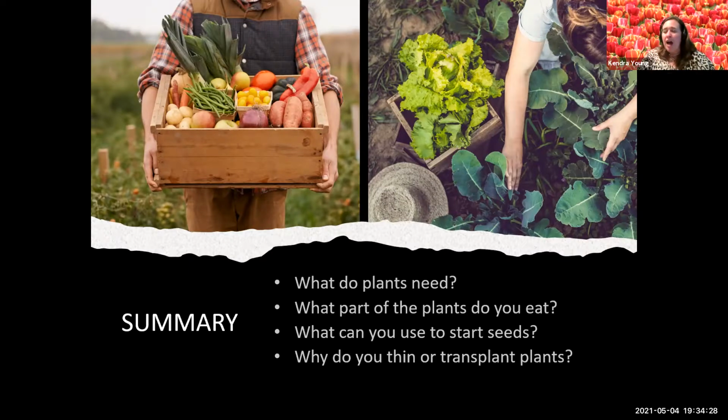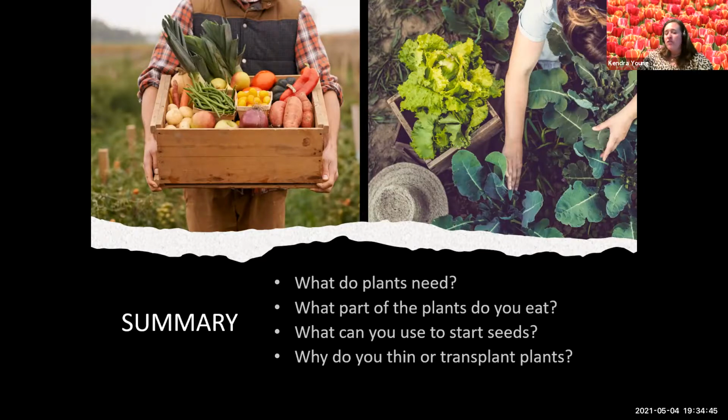You can make your own pot with newspaper. You can use a plastic bottle, an old egg carton, a toilet paper roll, or a little plastic cup or a paper cup.